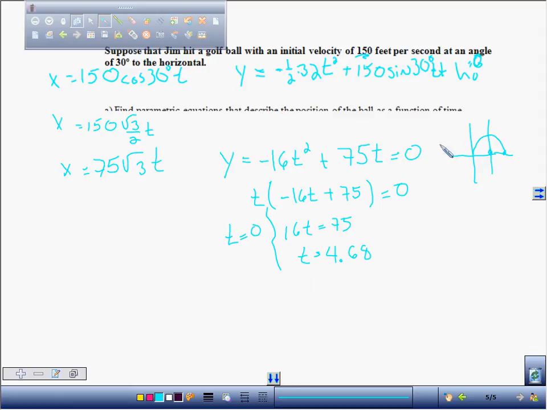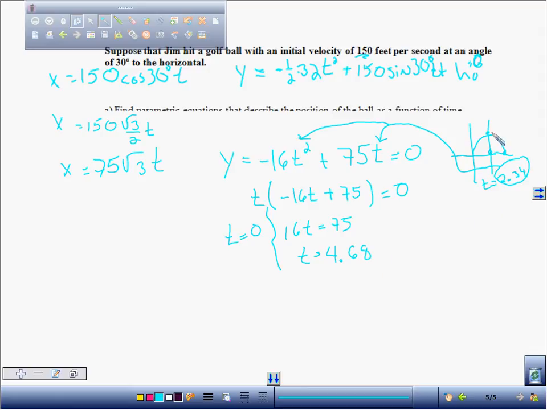So when it's at this height, this t is going to be half of this, which is approximately 2.34. And then if I take that point and plug it into this equation, I get out how high the ball goes.